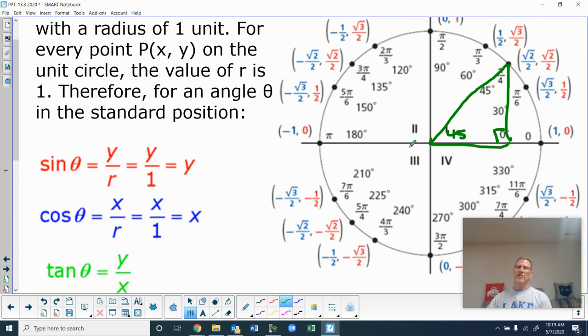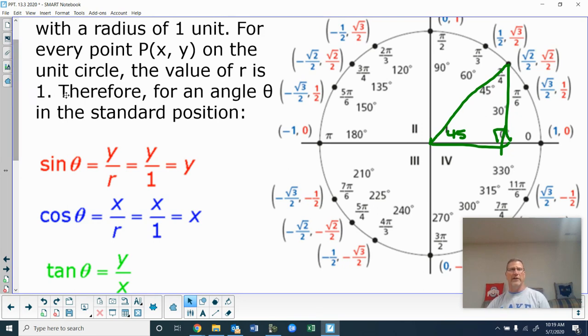Okay, and that point we were given was like, let's say it'd have to be like a 2, 2, right? So those would be the same. Remember, so we'd get the same length sides to get a 45, 45. All right, but in the unit circle, the hypotenuse is our radius of our circle.